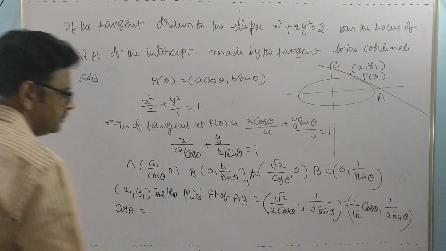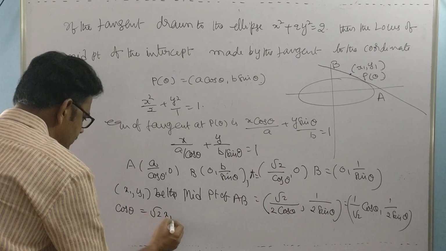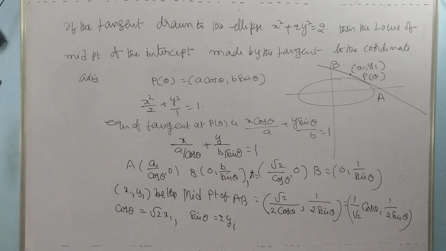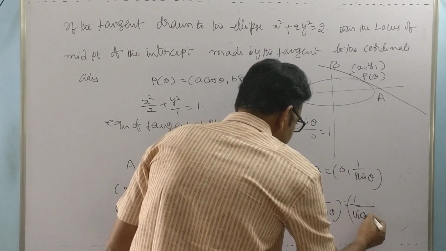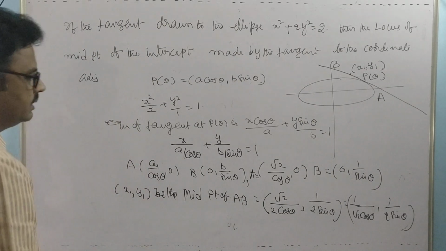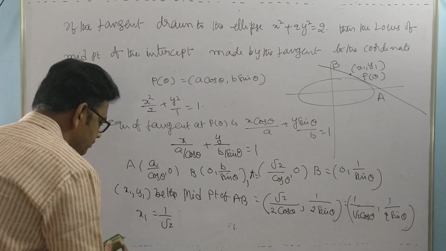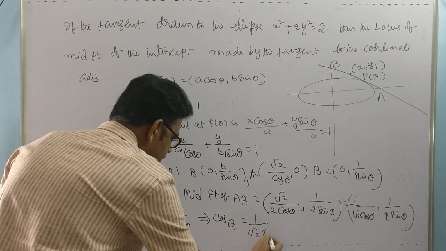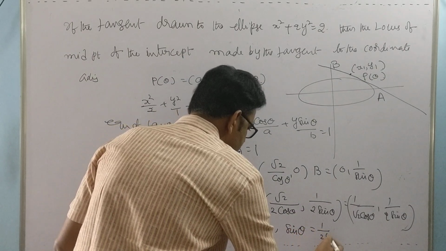Therefore x1 is equal to 1 by root 2 cos theta, and y1 is equal to 1 by 2 sin theta. Here was a small mistake. From that, cos theta is equal to 1 by root 2 x1, and similarly sin theta is equal to 1 by 2 y1.